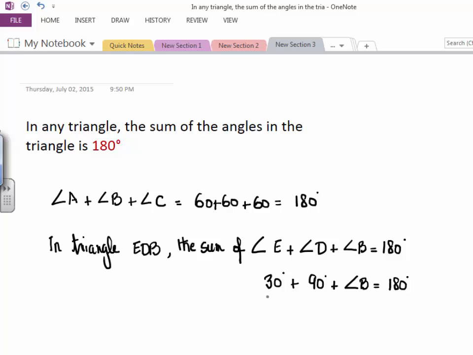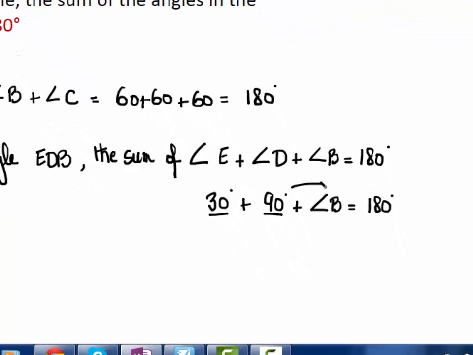In this case, if I want to isolate angle B, I switch the two angles to the other side. I'm going to write angle B equals 180 minus 30 degrees minus 90 degrees. 30 and 90 equal 120. 120 subtracted from 180 gives me 60 degrees.